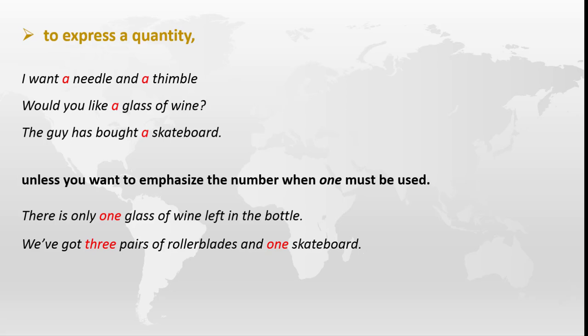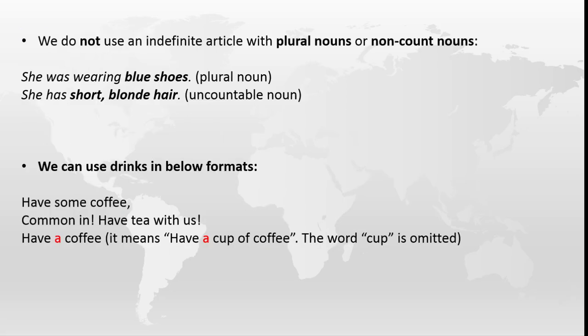It means it's as much as 1 glass and not more. Or when you are comparing, we've got 3 pairs of roller blades and 1 skateboard. So 3 and 1. There's a kind of comparison between the numbers and quantity of two things.